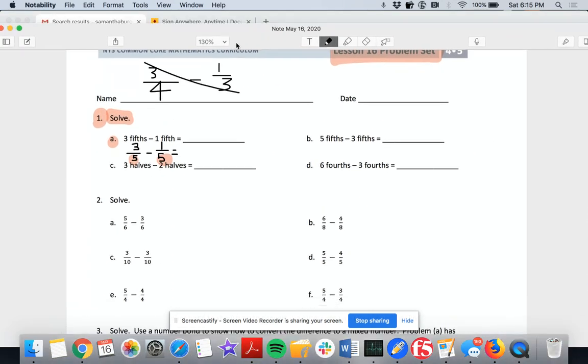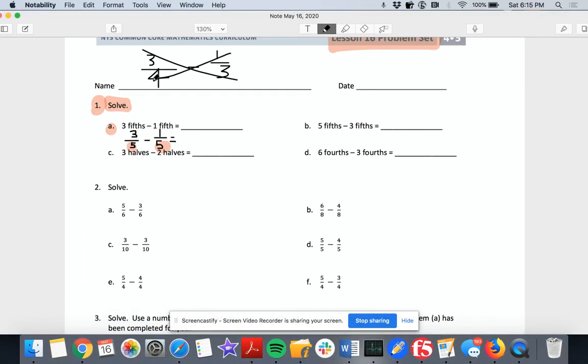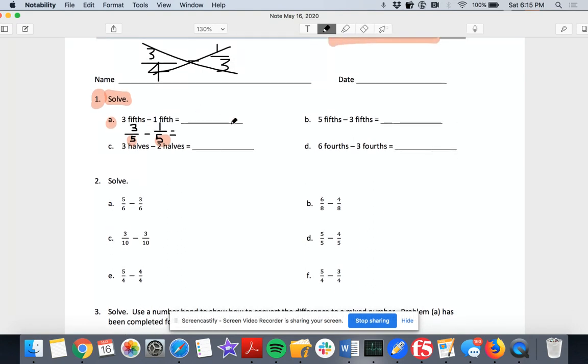I would first have to convert it and then solve it. But luckily for today, we do not have to do any converting. We can just go from here. So 3/5 minus 1/5. 3 minus 1 is 2, and my denominator stays the same. So this is how you do it in the standard form.